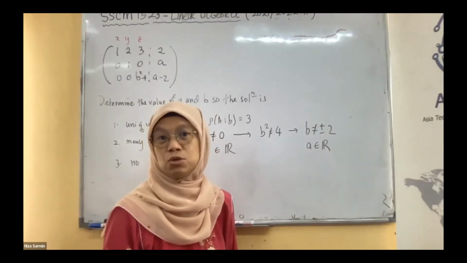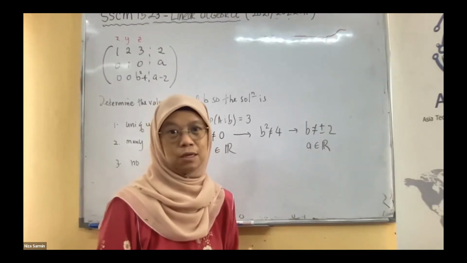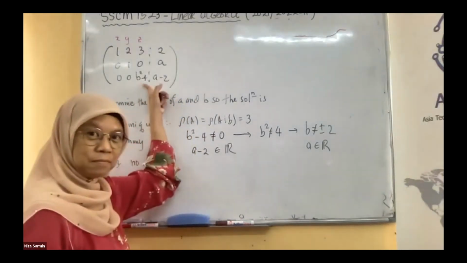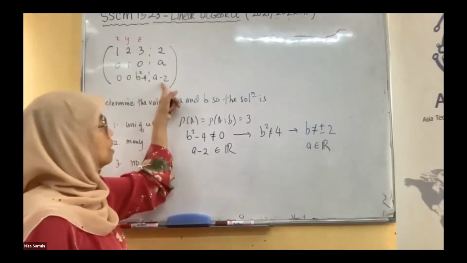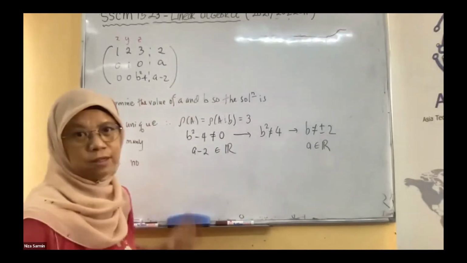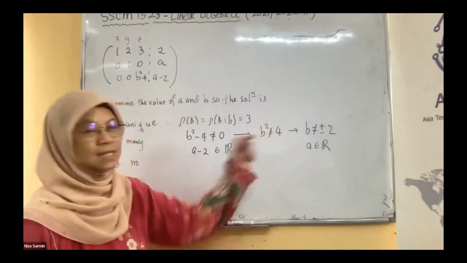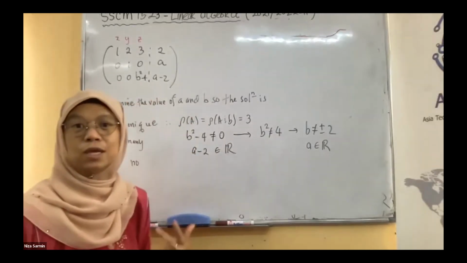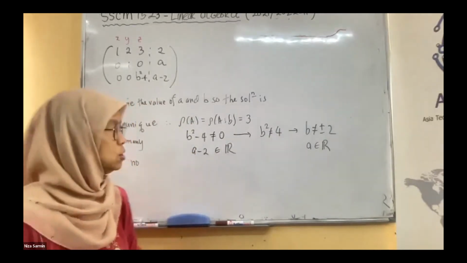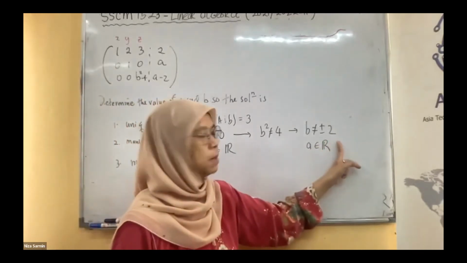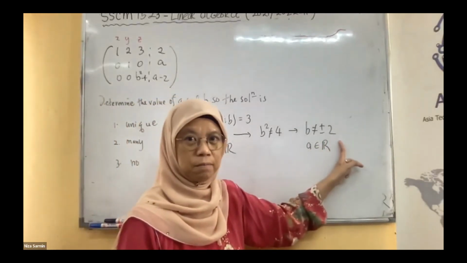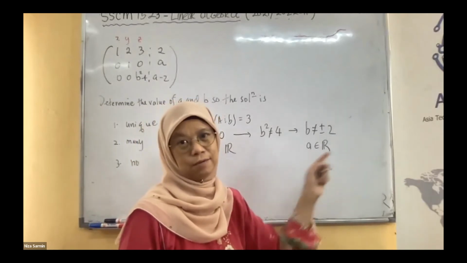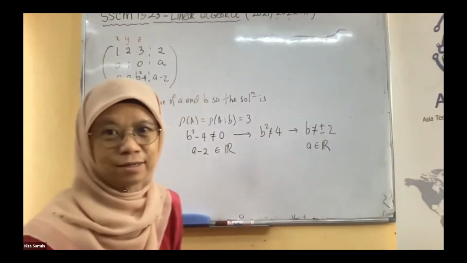What happens if B is 2? You can try and check. If B is 2, you will get 0 here, and this one can be anything. If B is negative 2, because you square, this will also be 0. You cannot get it unique. So this is the answer for the first part. B is not plus or minus 2, A is in R.